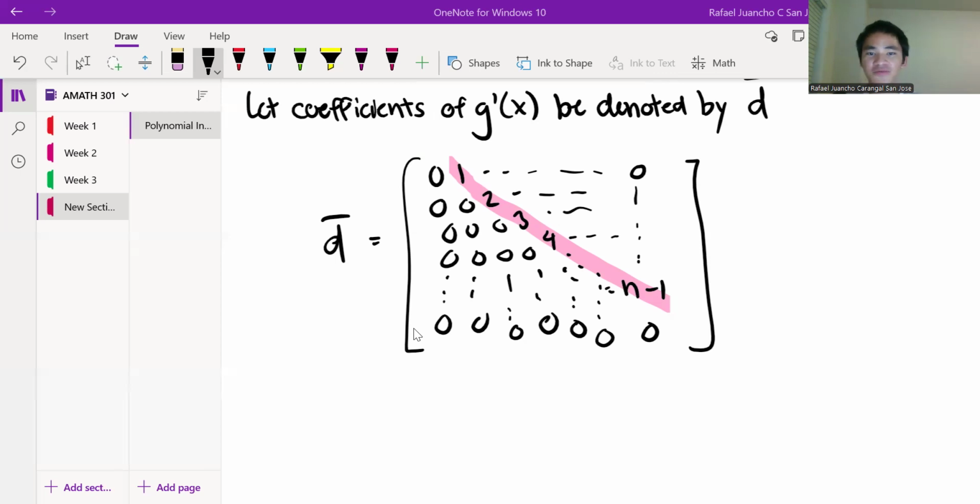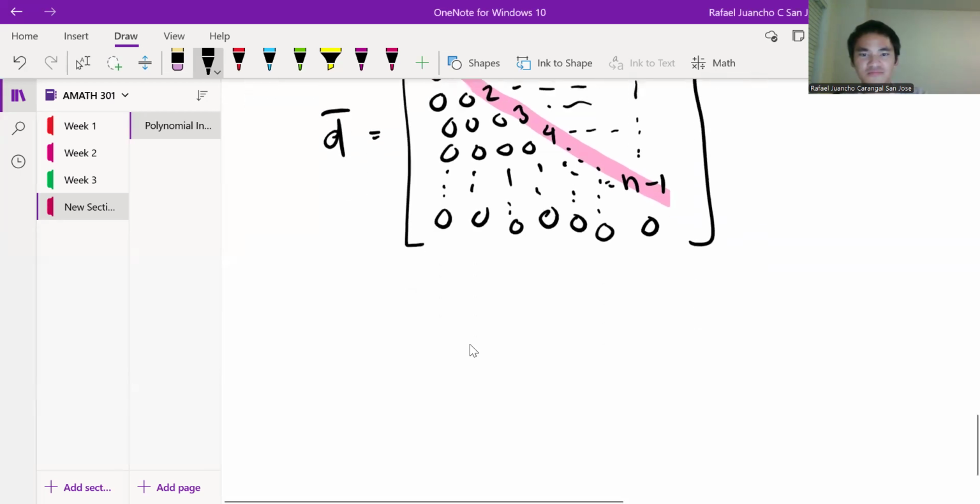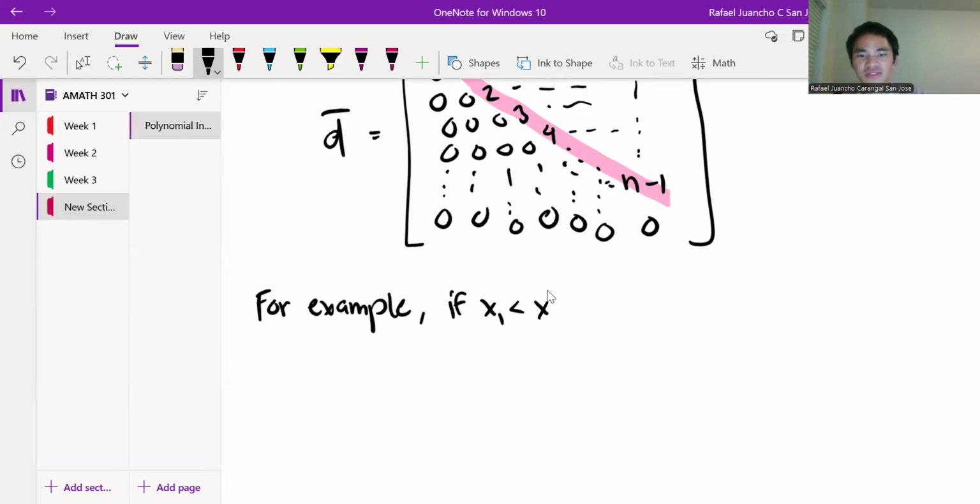So we can say, for example, if we're given a scenario, let's say my x sub 1 is less than x sub 2, which is less than, all the way to x sub n. So I'm going to assume my x sub n is the biggest.